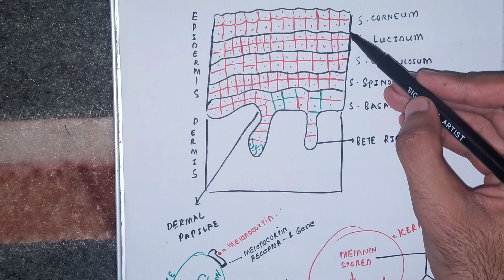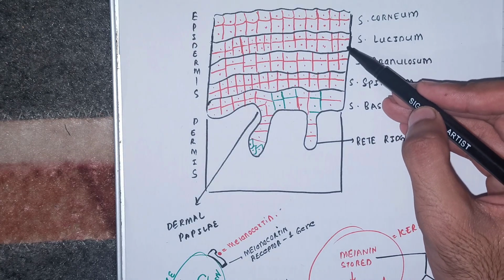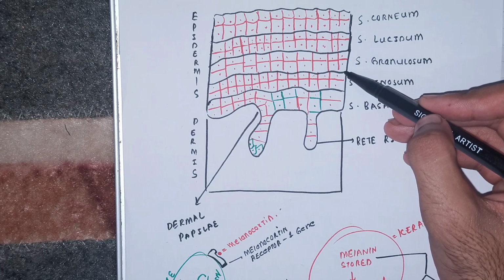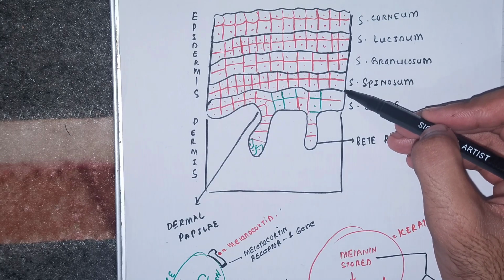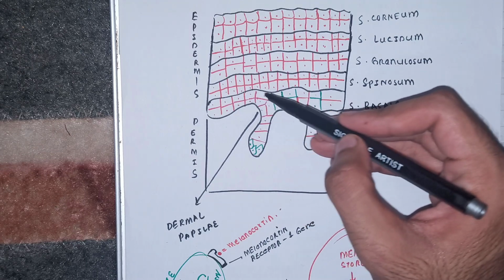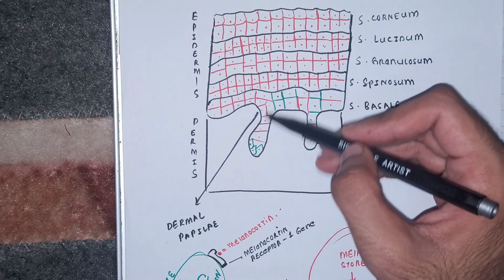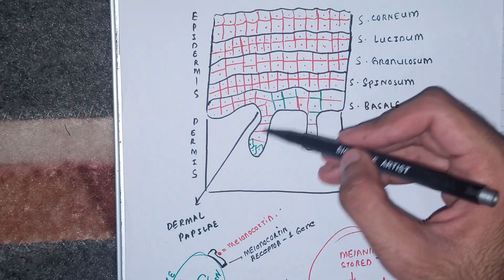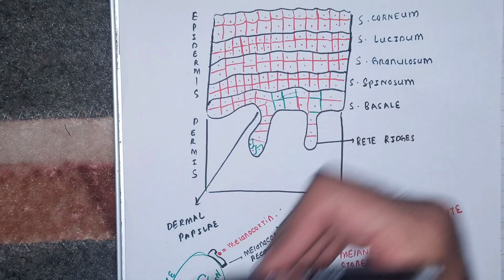From here to here is stratum corneum, then stratum lucidum, then stratum granulosum, then stratum spinosum, and then stratum basale. Even the cells in the stratum basale, a few go inside into the rete ridges. This is the stratum basale or basal layer.